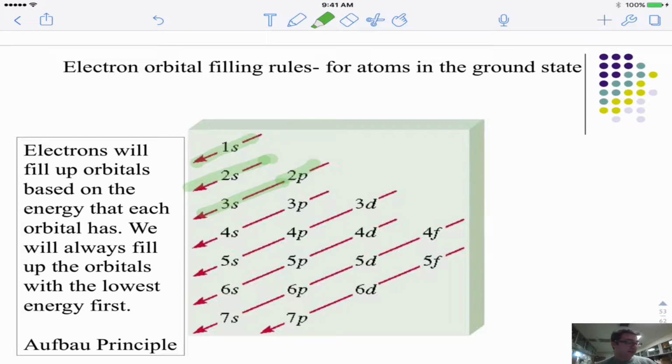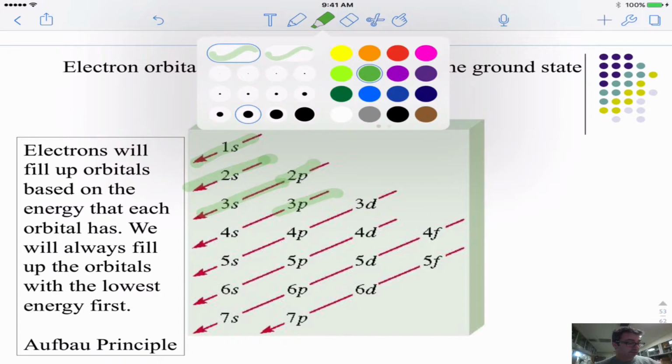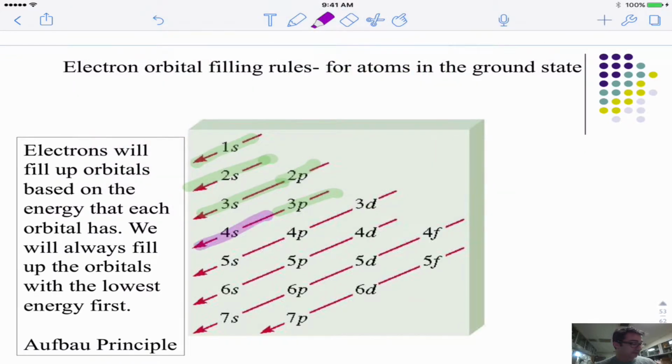Once 3s is filled, 3p fills, and then what you'll notice is that instead of 3d filling, you actually have 4s fill first. So 4s fills next, then 3d, then we go back and fill in 4p. And then we skip again. We don't do 4d. Instead, we'll do 5s. And so this will continue.